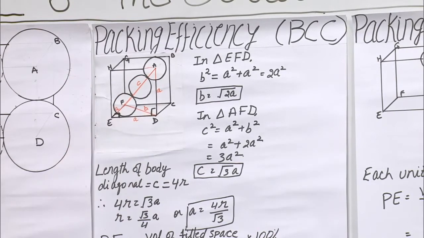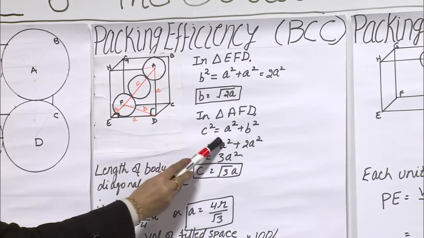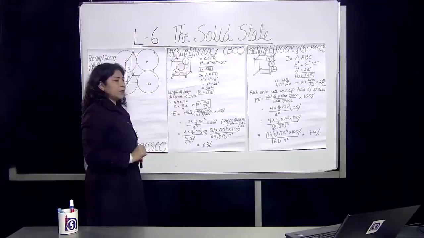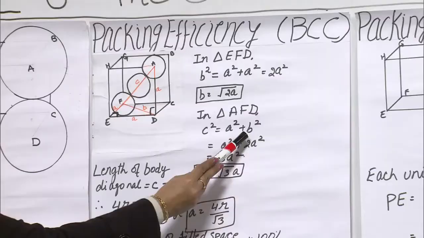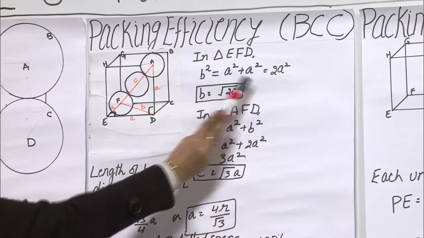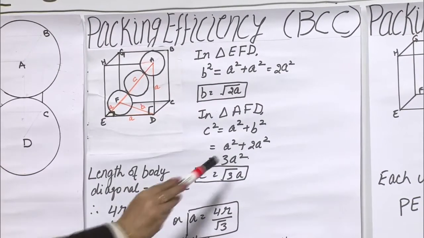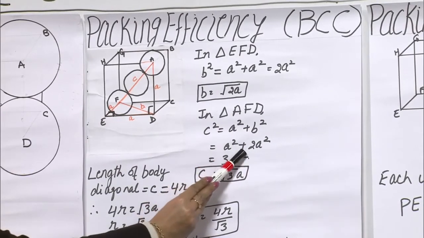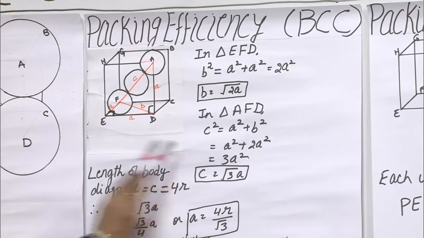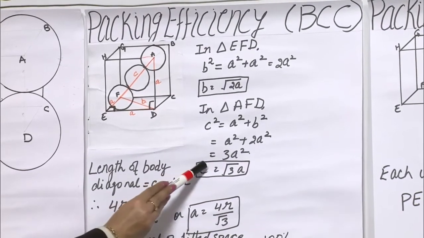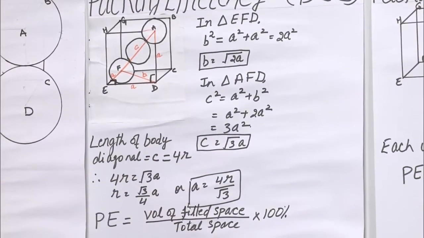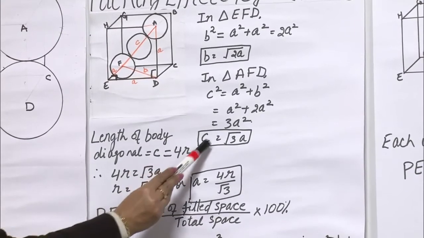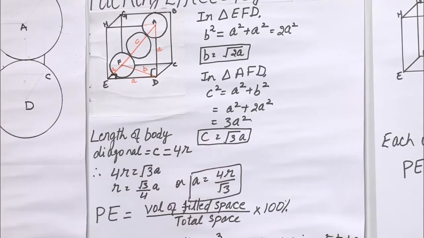We have already found that b square is equal to 2a square. Keeping this b square value over here, we have a square plus 2a square, which makes 3a square. Now let us take the square root of this. The c value will be root 3 a.